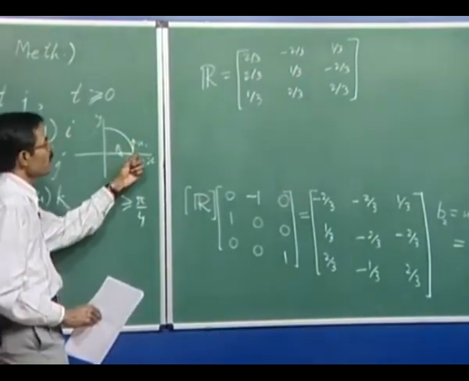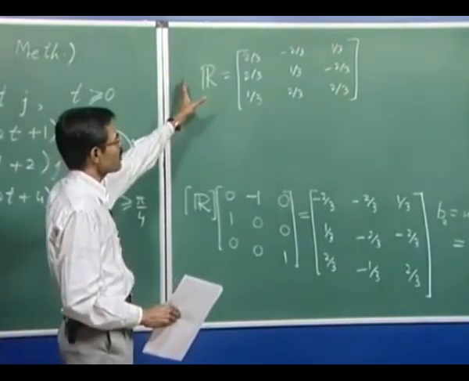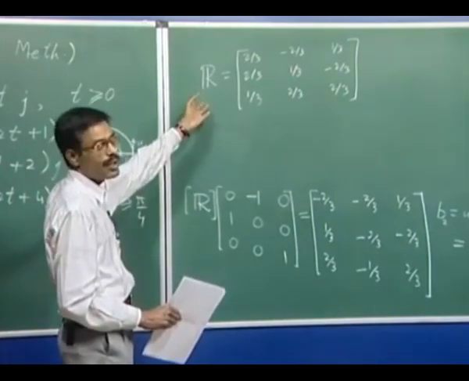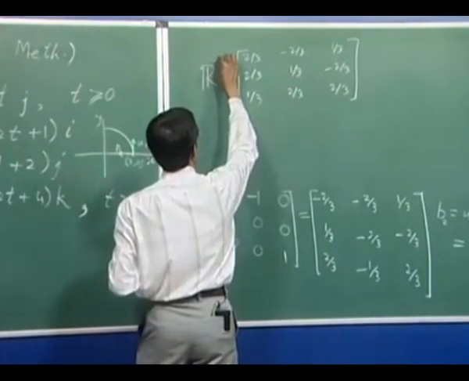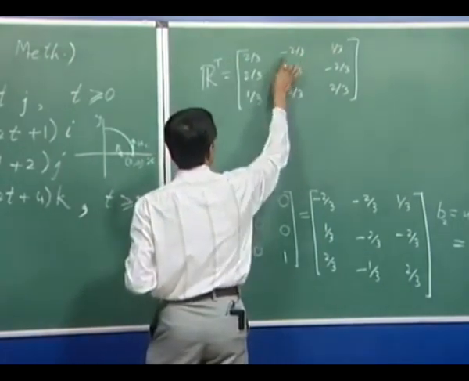So, we need the inverse of this rotation matrix, and the inverse of a rotation matrix is just the transpose. So, we transpose this matrix. So, these two exchange their places.